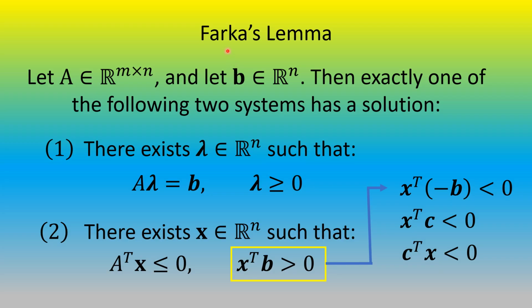So now recall Farkas' lemma. It states that if 2 is not true, then 1 must be true. And that'll be important for the upcoming logic. And in this yellow box, we can also restate this as c transpose x is less than 0, where c is negative b.